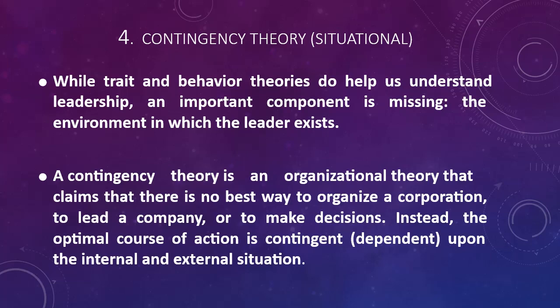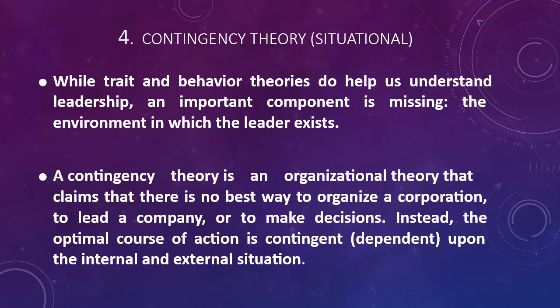Now the fourth theory is the contingency theory, which is also known as situational theory. Contingency theory is saying that the thing which is missing in all other theories is the situation, the environment under which a leader acts, under which a leader flourishes. It says that there is no best theory.